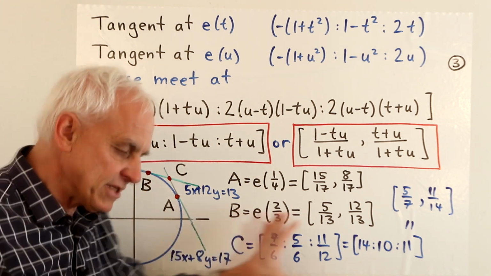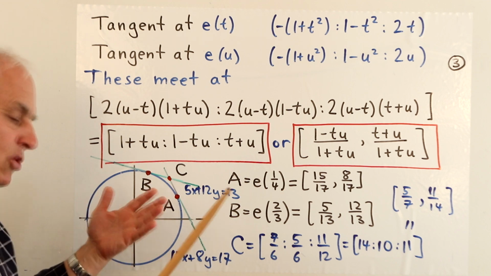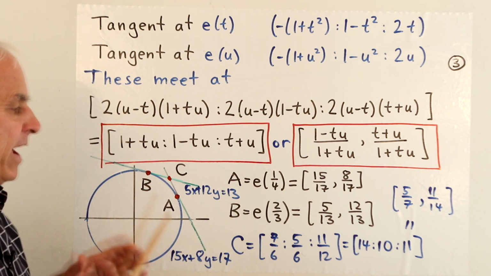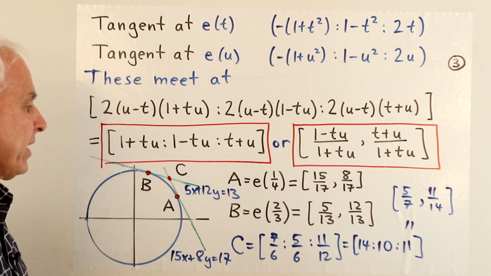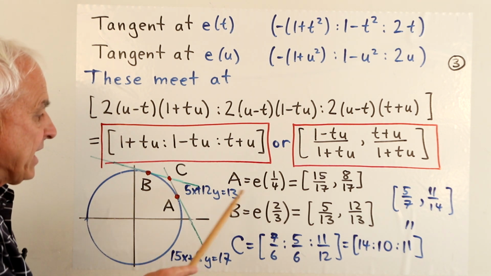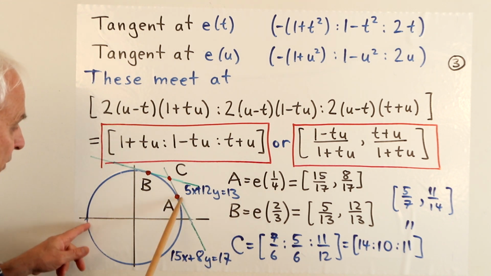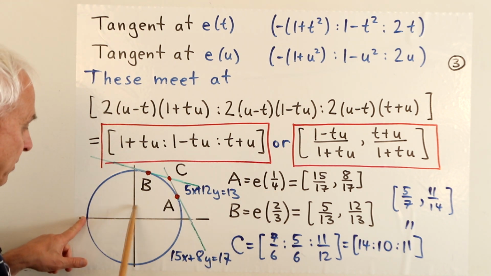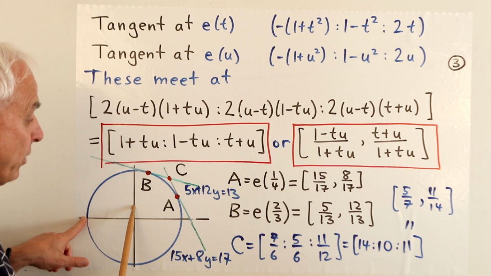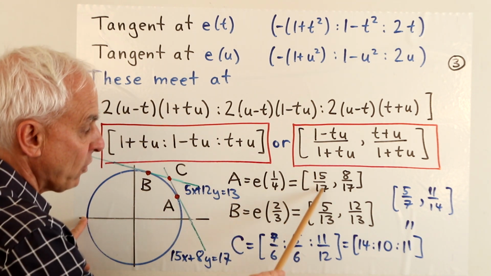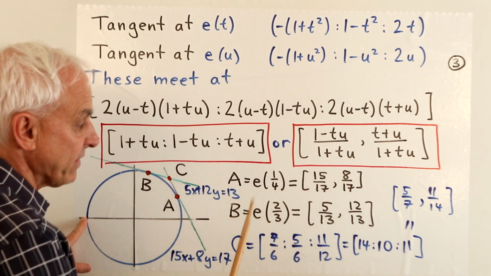Okay, and here's specifically what actually happens to show you that you can calculate everything here completely explicitly and concretely. So if A is, say, E of 1/4, so that would be the point that you get by joining here to the point on the y-axis with coordinate 1/4, okay? Then that turns out to be the point (15/17, 8/17).